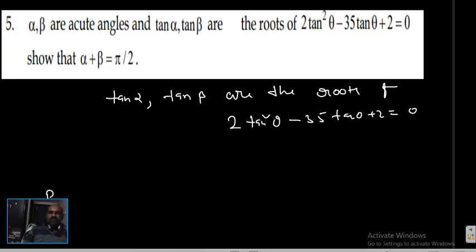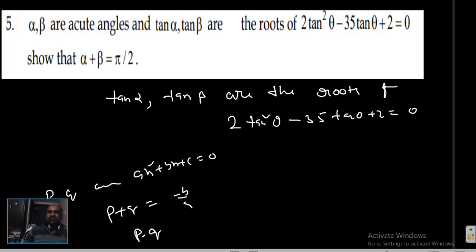Clearly explained, if P, Q are the roots of ax square plus bx plus c equals 0, the sum of the roots P plus Q equals minus b by a, and the product of the roots P into Q equals c by a, from the concept of quadratic equations.